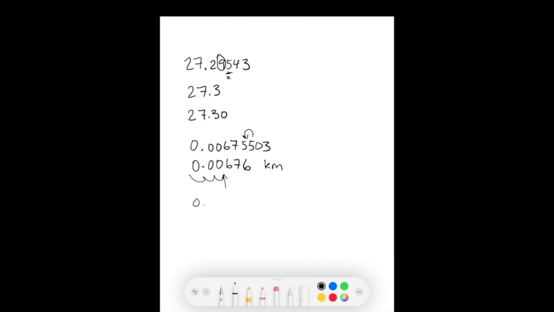So if we say 0.00676 kilometers times 1,000 meters in a kilometer, we would see that we could also express that as 6.76 meters, which is a nicer answer using 3 significant digits and an appropriate set of units.